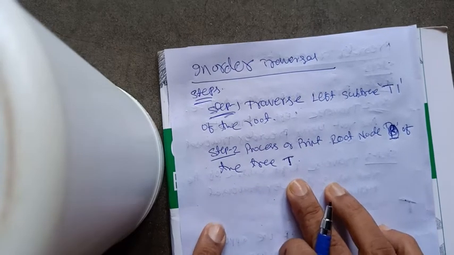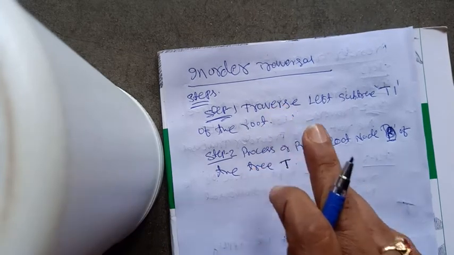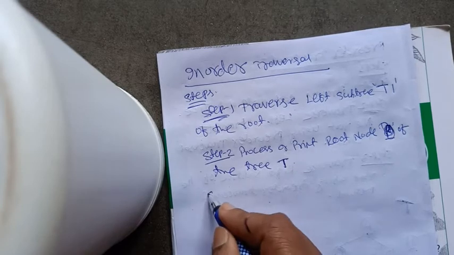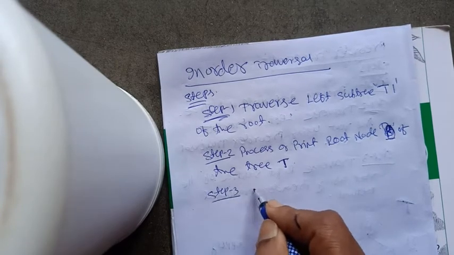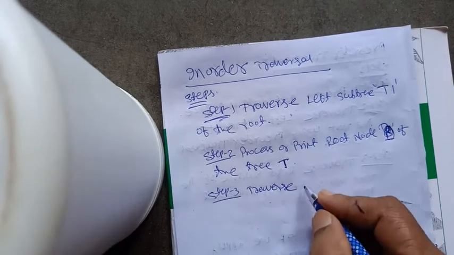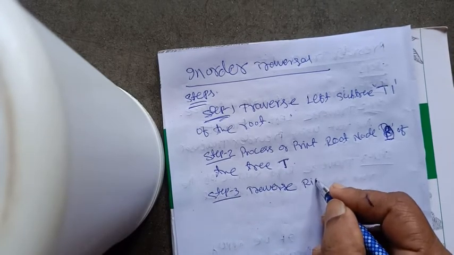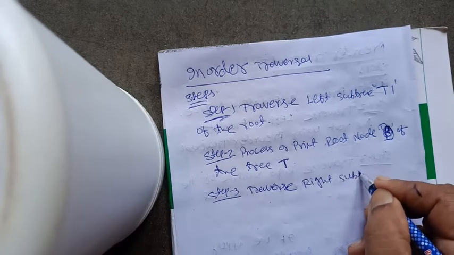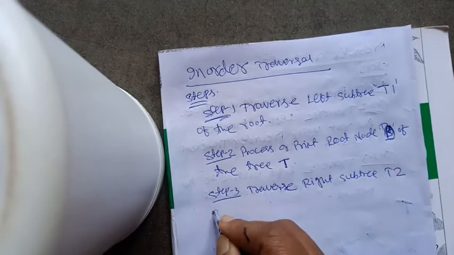So mark the difference. First we traverse the left subtree, then we process the root node. And in step 3 we say traverse the right subtree T2 of the root.